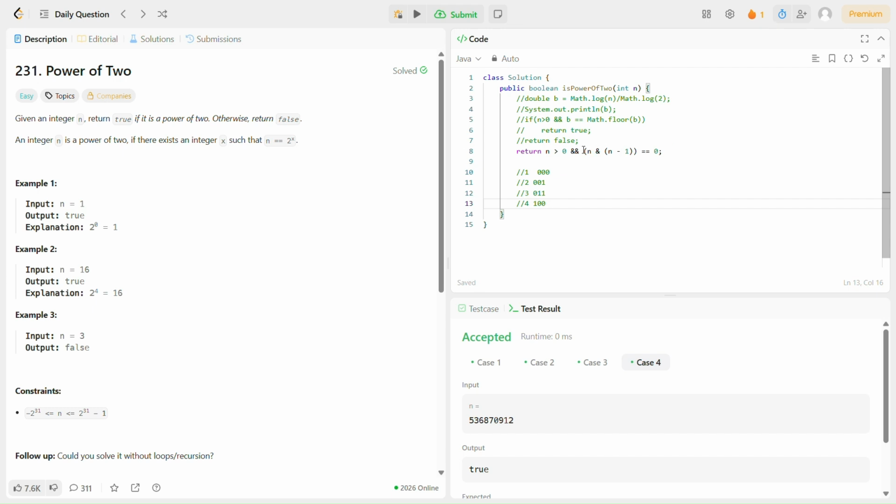Now here, to apply this calculation, if I do an AND operation between 3 and 4, it will give us a 0. If I do an AND operation between 2 and 1, oh, sorry. So this would be this.